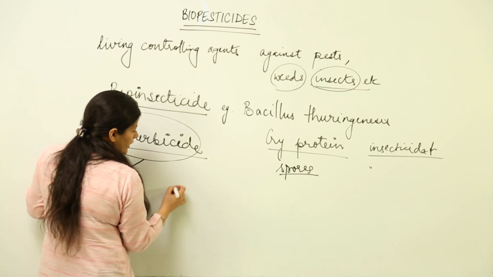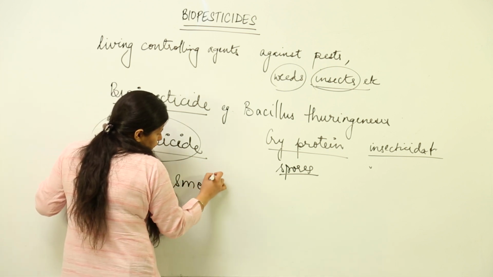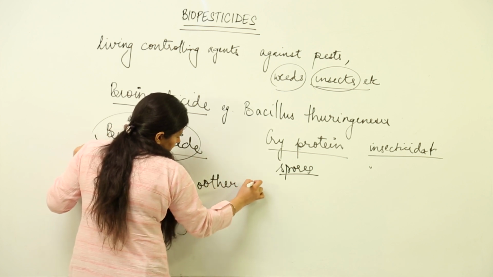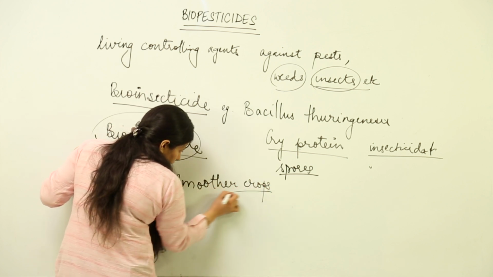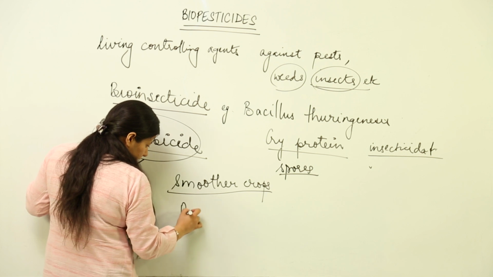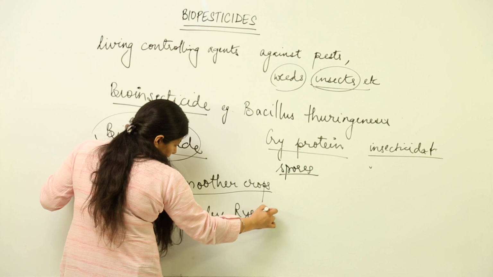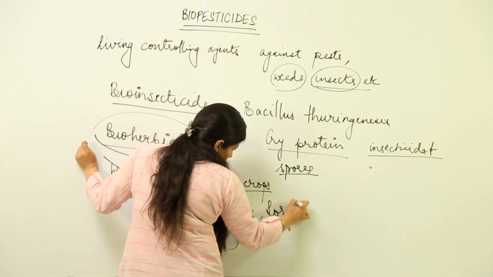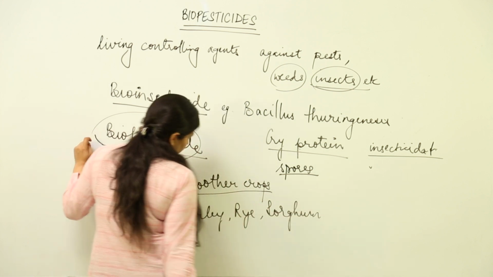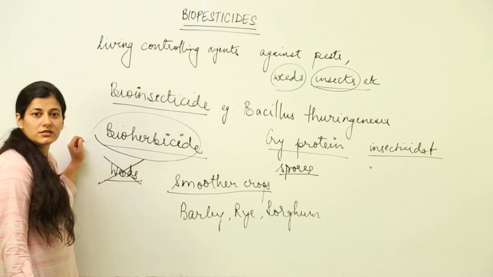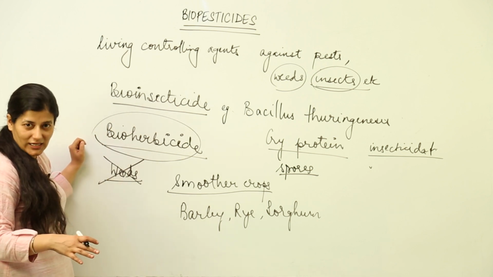We have in nature the example of smother crops. Now what are these smother crops? These smother crops are crops like barley, rye, and sorghum of course. These crops do not allow the growth of weeds in their presence.